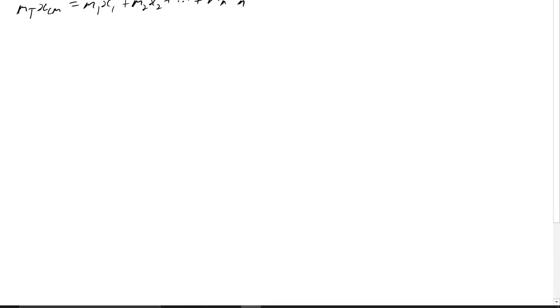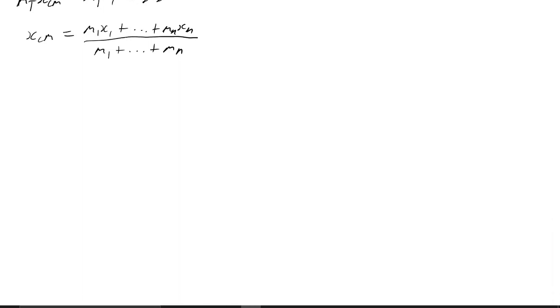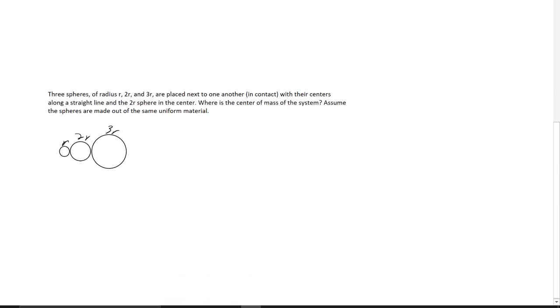So if you want to find xcm, you do m1 x1 plus through mn xn divided by m total, which can be written as m1 plus all the way to mn. And now that we know this, we can hop right into the question.